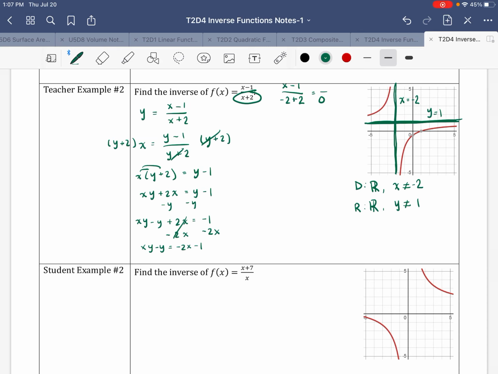From here, since I have a y in both of the left-hand terms, I can factor that y out, and I get y times the quantity x minus 1 is equal to -2x minus 1. So once I have that, I can divide both sides by x minus 1, and I get y completely isolated.